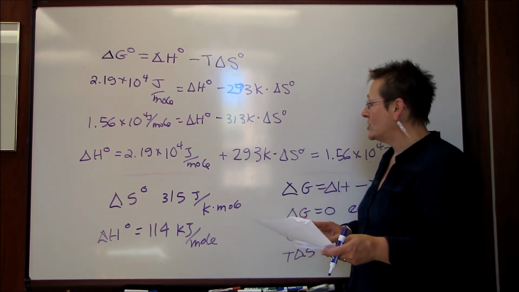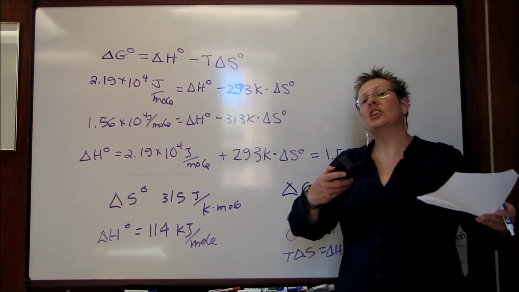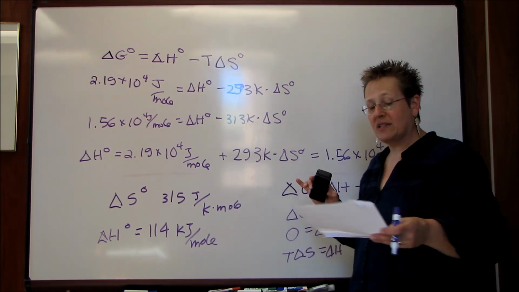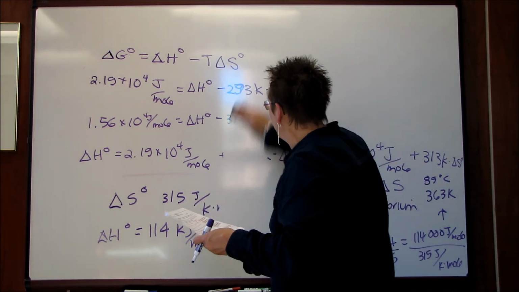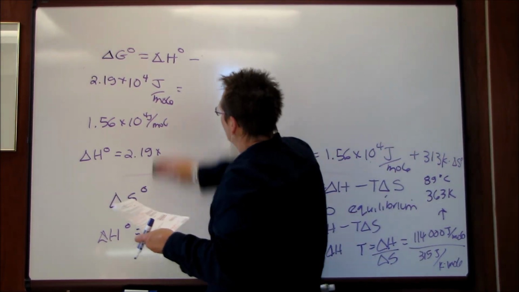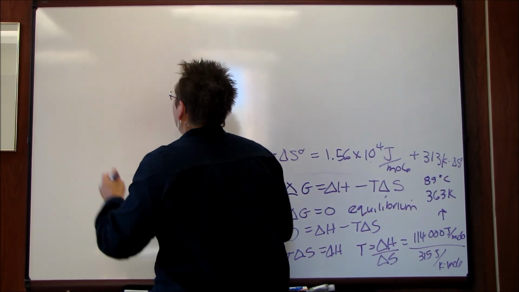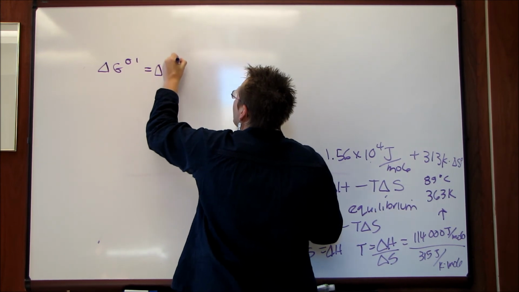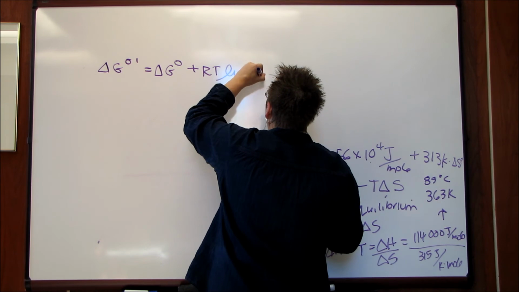And the final question on this team challenge was to then say, all right, what is delta G naught prime? So this is where pH is equal to 7, or H plus concentration 10 to the minus 7. So we have an equation for this that we'll use, and that is that delta G naught prime is equal to delta G naught plus RT ln H plus.